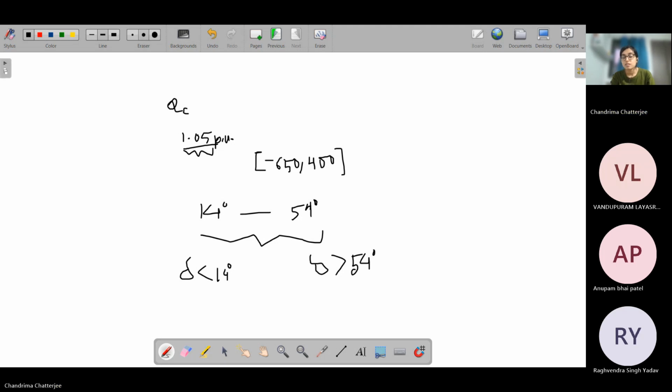When delta is less than 14 degree, you will still be able to restrict the voltage, but it will not be 1.05, it will be slightly greater than that.